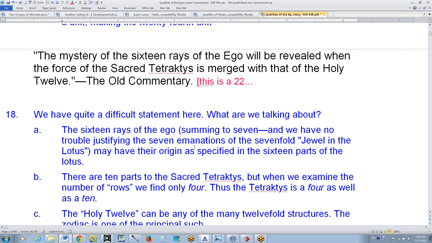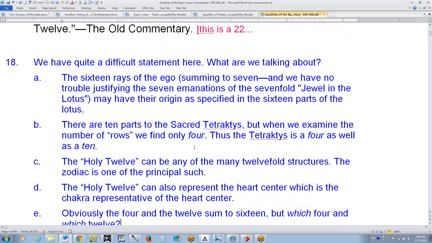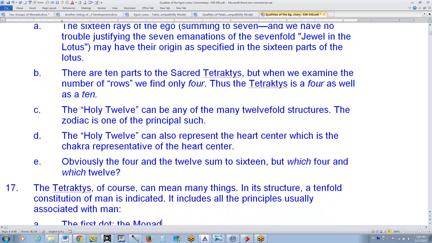And thus the Tetractys, as the word suggests, tetra, is a 4 as well as a 10. So the Holy 12 can be any of the many 12-fold structures. The zodiac is one such proposal, and the Holy 12 can represent also the heart center, which is the chakra.